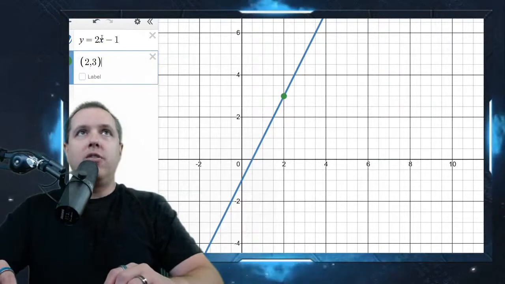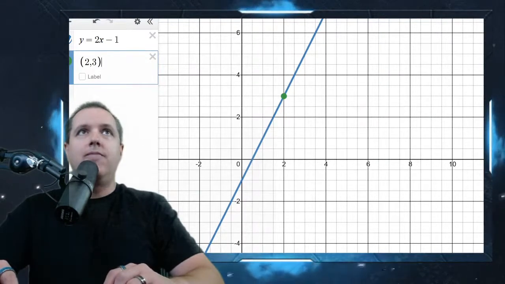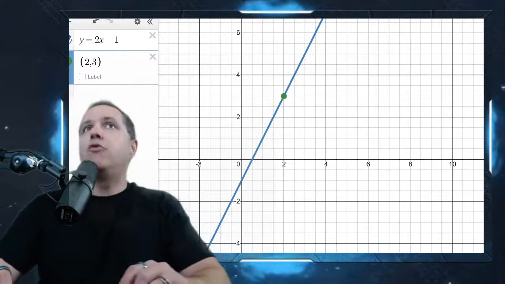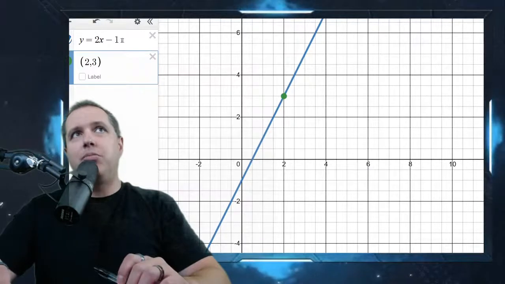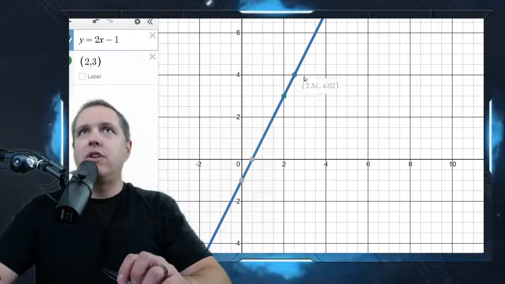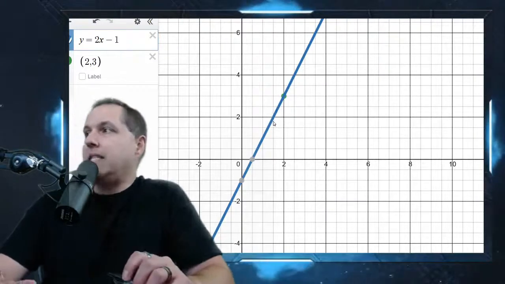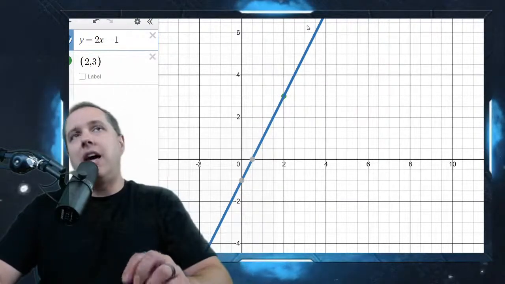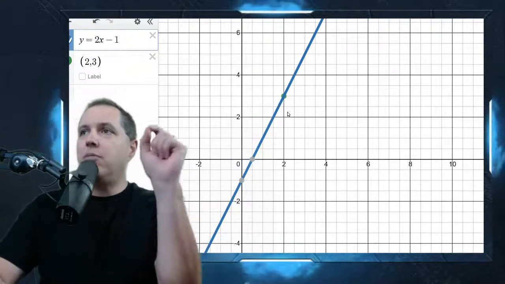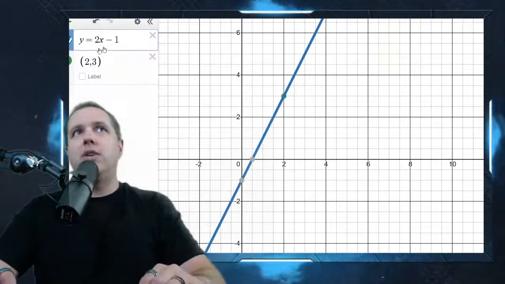If I plug 2 in for x and 3 in for y, we get 4 minus 1 equals 3, which is true. If we take any of the points on the line and plug them in, they will work, even the ones with fractional values, though those get messy. So a line is a visual representation of an infinite number of solutions, and we can see them.